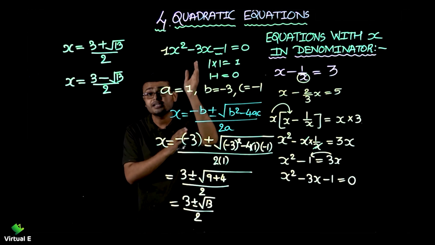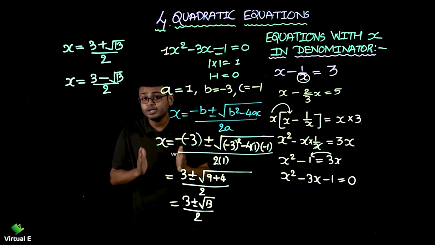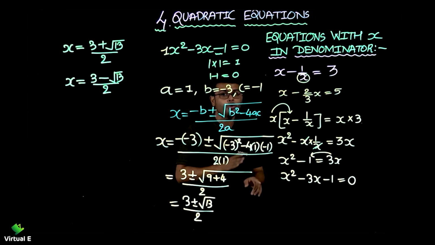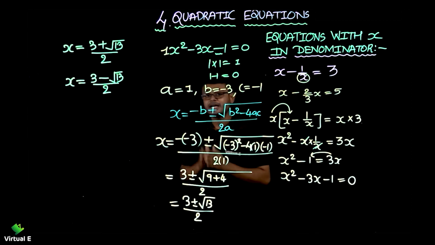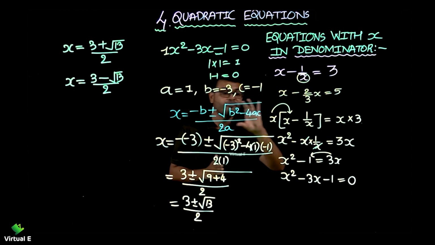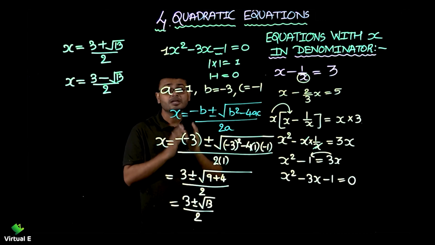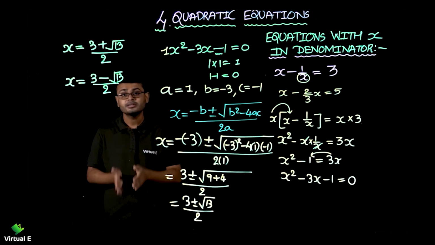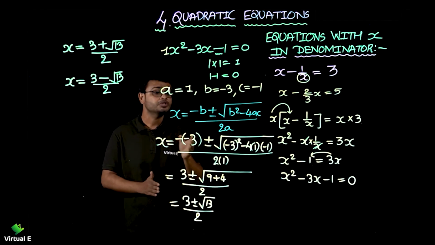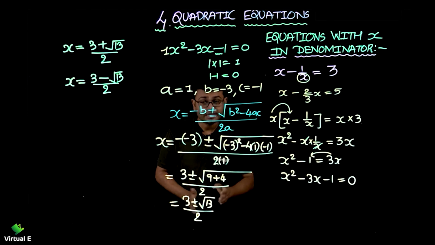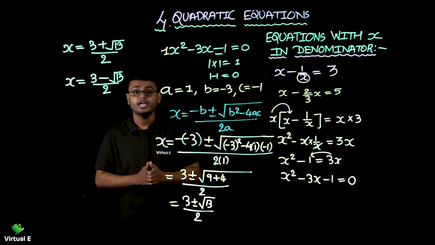But what is it here? Minus 3. Can we use the factorization method? No, we cannot use it. So what to do? In that case, I told you we can use the quadratic formula, right? Sometimes we can use the factorization method, sometimes we cannot. So in those cases, we can use the quadratic formula to get the solution of the equation.